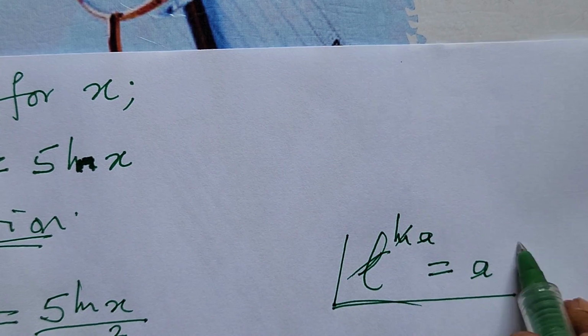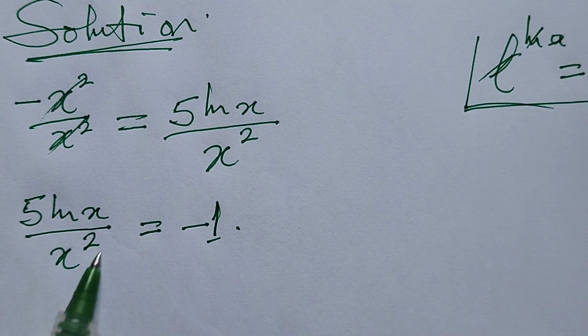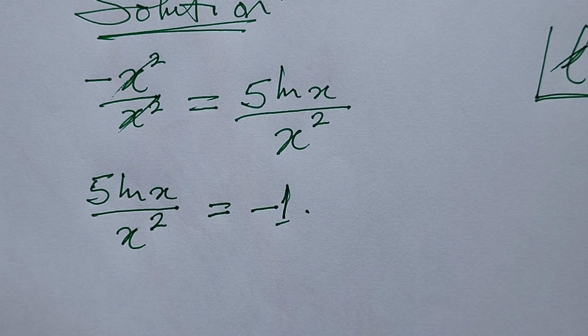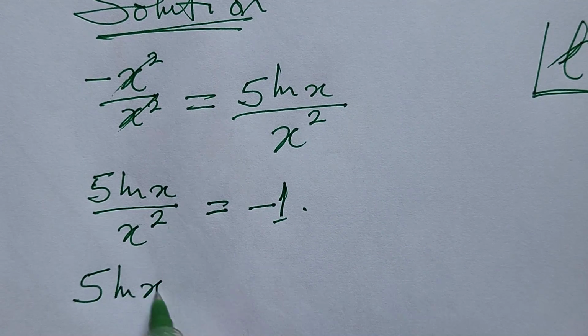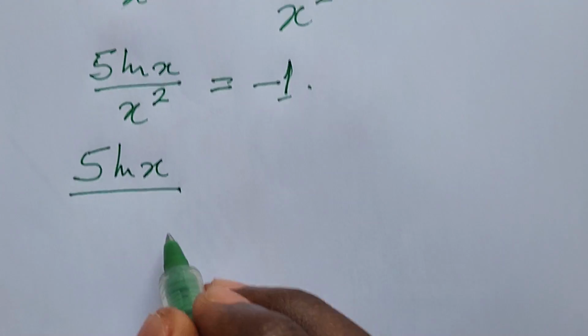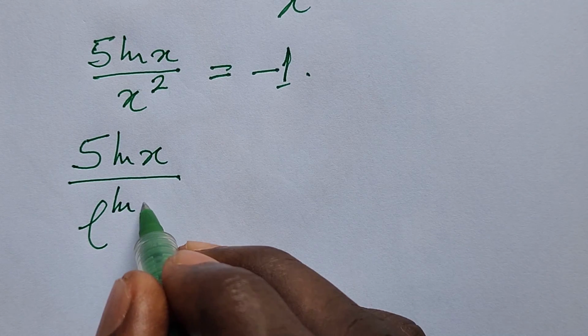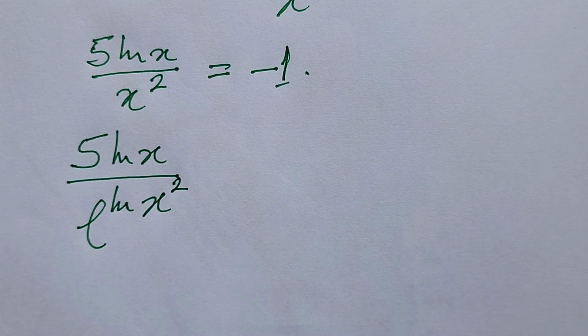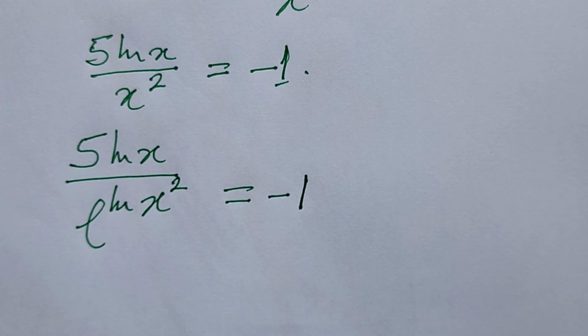If we are familiar with this, let's bring in e to the power of ln of x in the denominator. So we can now have 5 ln of x all over e to the power of ln of x, all to the power of 2, everything equal to minus 1.